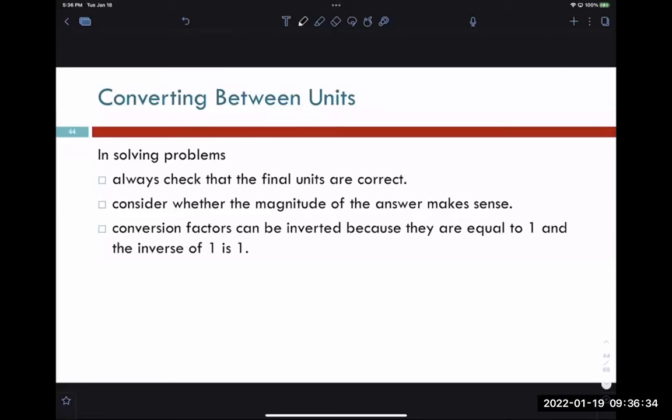But if you end up converting something from feet to miles, if you have 5 feet, that's a very, very small amount of miles, right? So that number should be small. So if you get a big number, you should say, hold on, that's not right. So when possible, and like I said, conversion factors can be inverted or flipped because they're equal to 1.